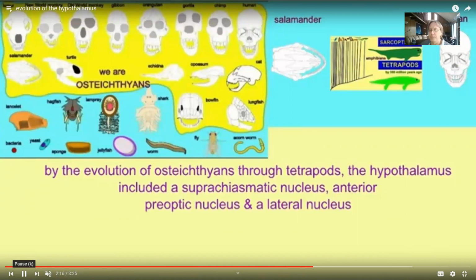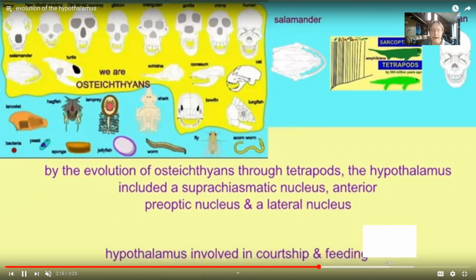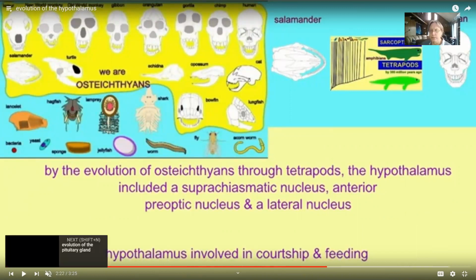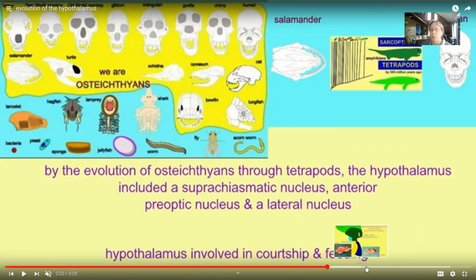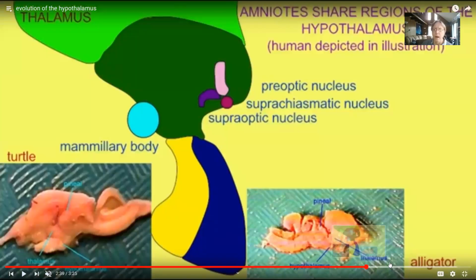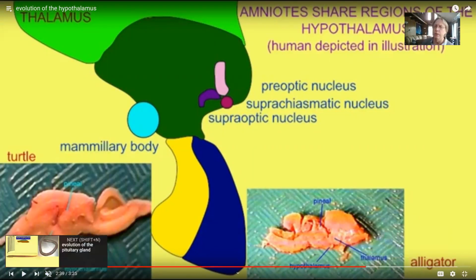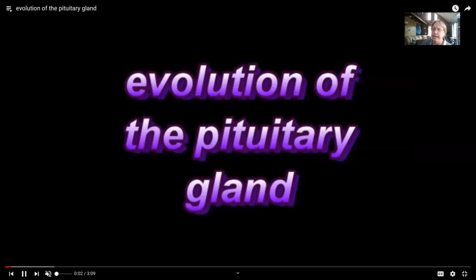So the hypothalamus is a major area in the human endocrine system. And here you can see some of its anatomy, some of its functional roles, certainly go back to earlier vertebrates. So the hypothalamus has evolved over time. The pituitary gland has evolved over time.